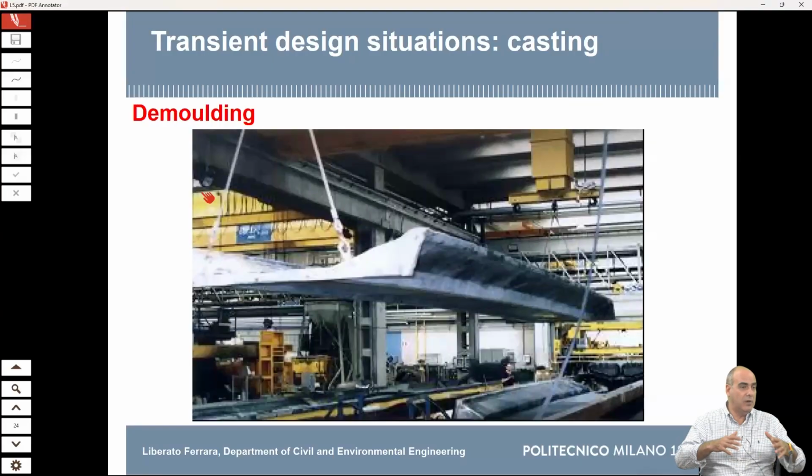These are other correlations. So we have cast with a well-designed formwork. We wait the right time that concrete gains enough strength to release the pre-stressing and so on, and to demold, and we demold. Demolding, in some cases, is a moment where before that the element is just resting more or less continuously on the precast testing bed.